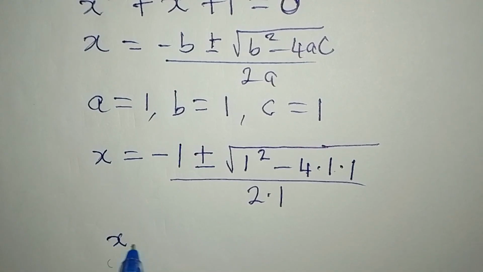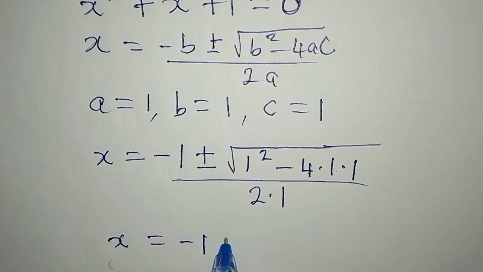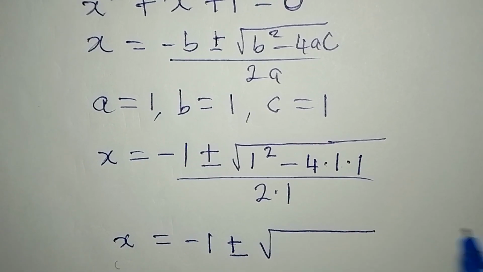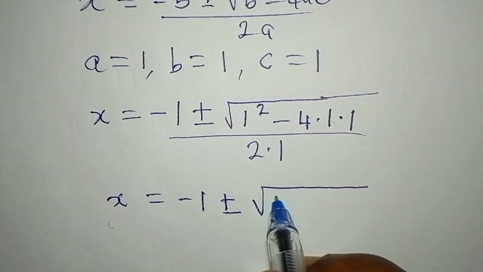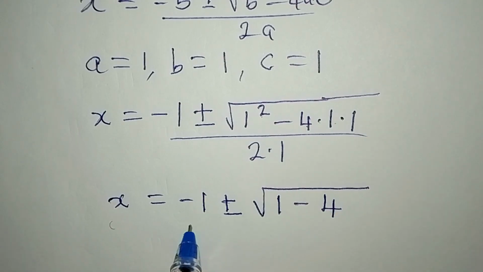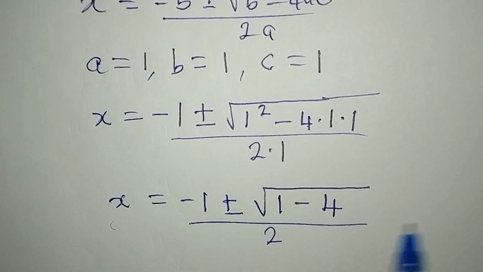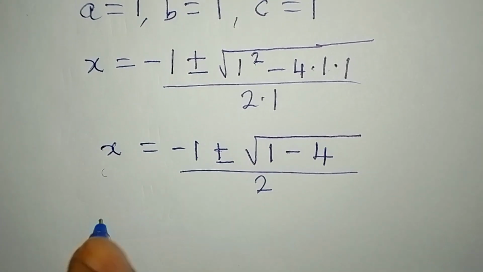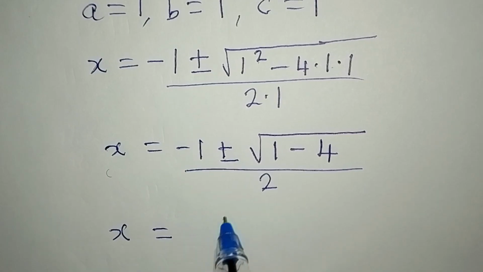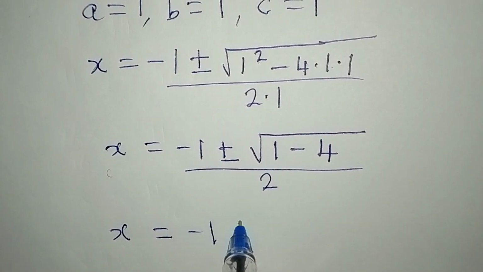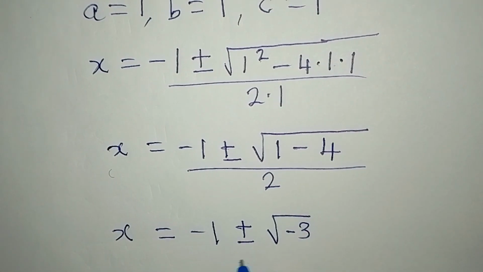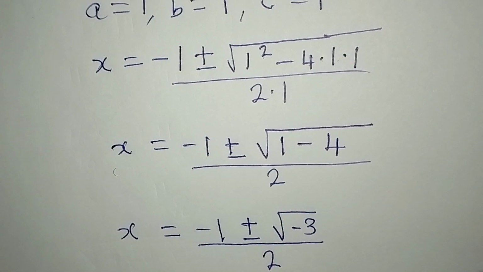So x from here will be equal to minus 1 plus or minus, open the bracket, have your square root. 1 squared is 1 minus 4 times 1 times 1 is 4. So we divide this by 2 times 1, and that is 2. x from here is equal to minus 1 plus or minus square root of negative 3, and this is over 2.